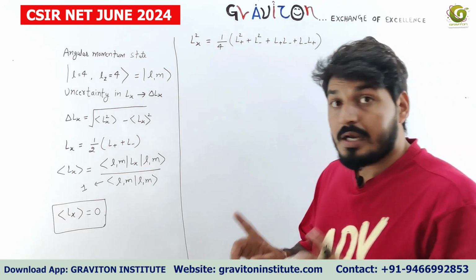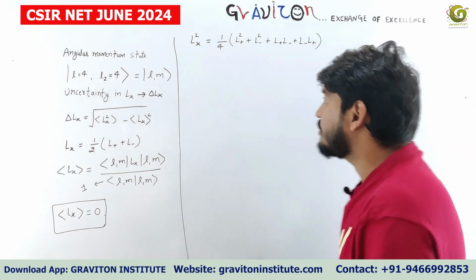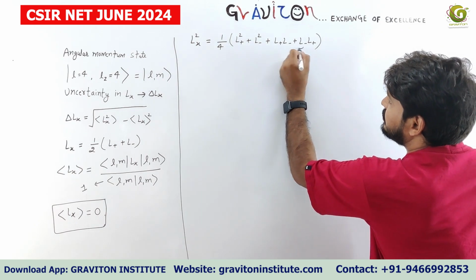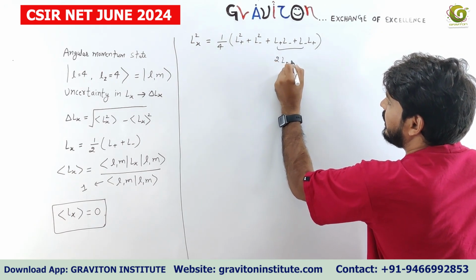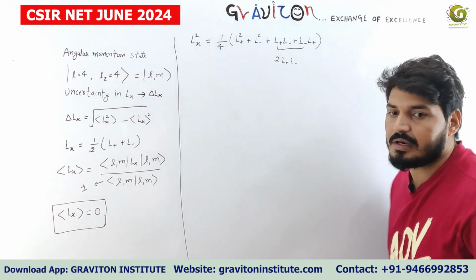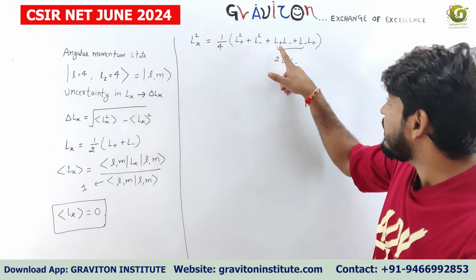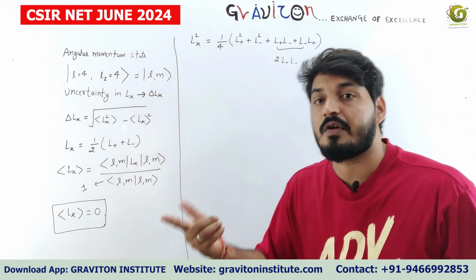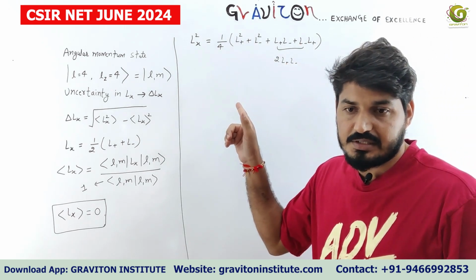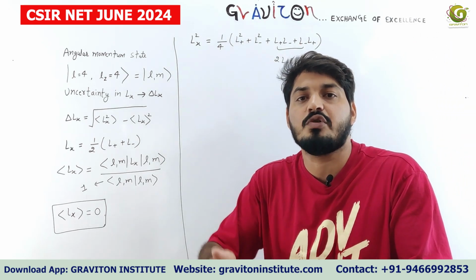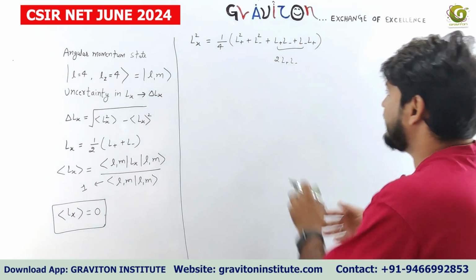Don't make one mistake here: don't write these two terms as 2 times L plus L minus, because these are quantum mechanical operators, so L plus L minus is different from L minus L plus. You have to write these two operators separately.